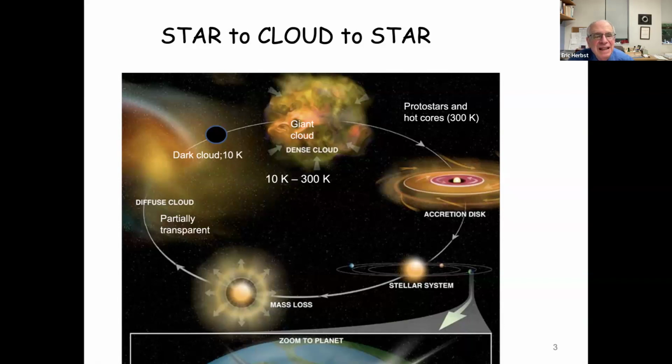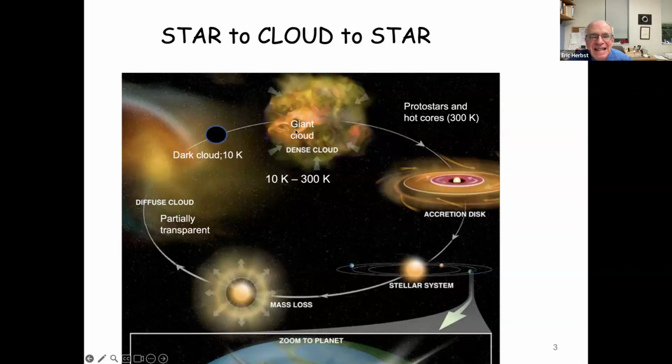But eventually these clouds start to collapse, and the picture here you see is the so-called dark cloud. We're looking at a condensed cloud that has a temperature of 10 Kelvin or something like that, and molecules can be seen.